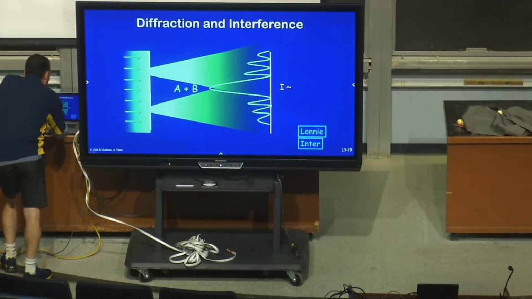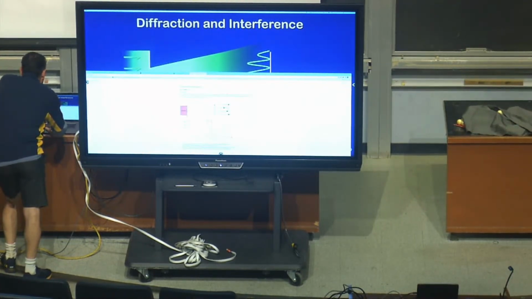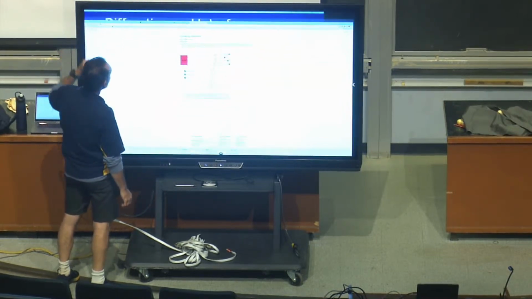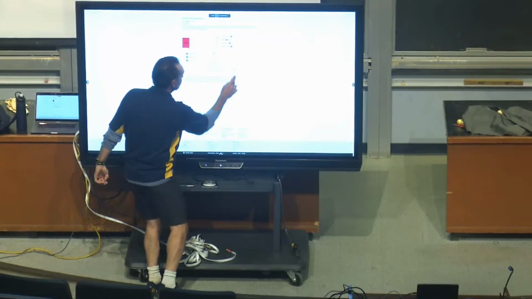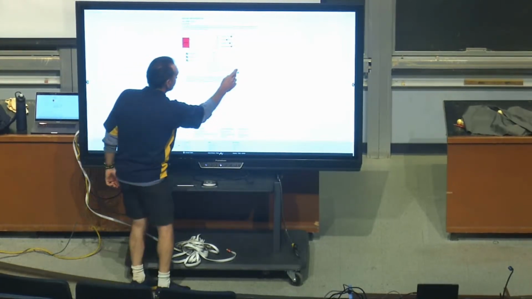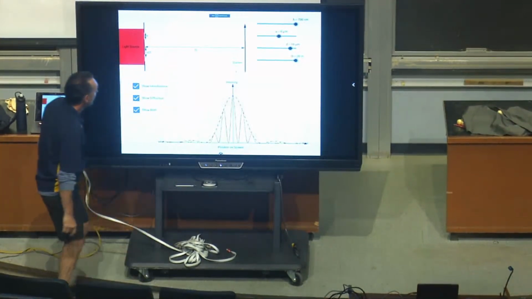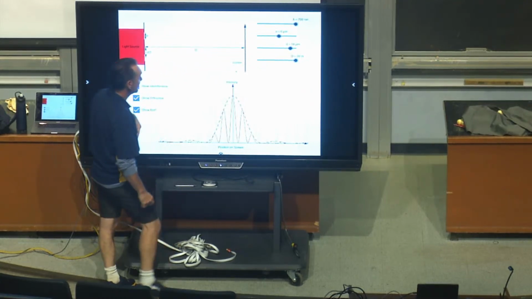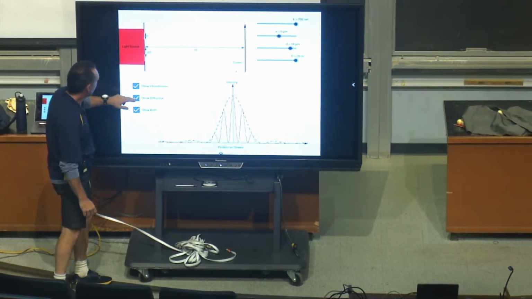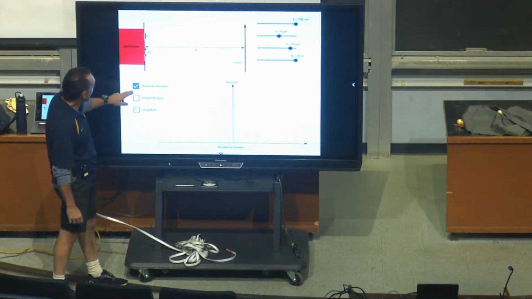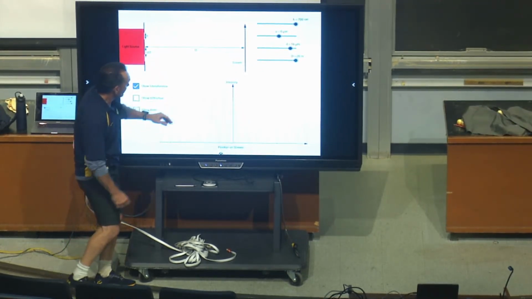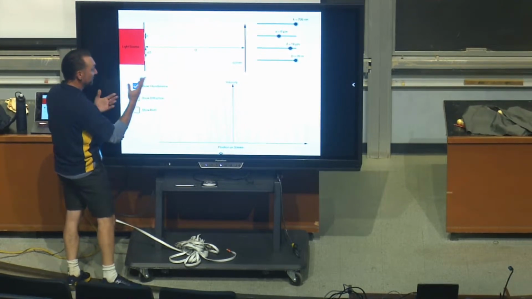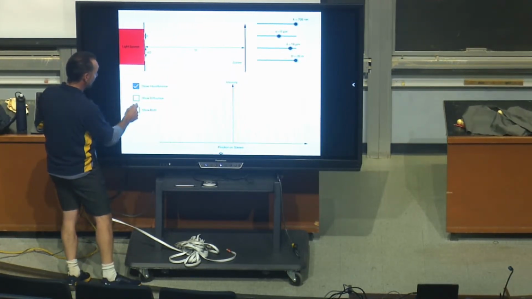That we can probably look at in a demo. Here's one here. So here we have light hitting a screen, and this is a representation of the waves, and this is the representation of a wave if you just had one wave coming through.